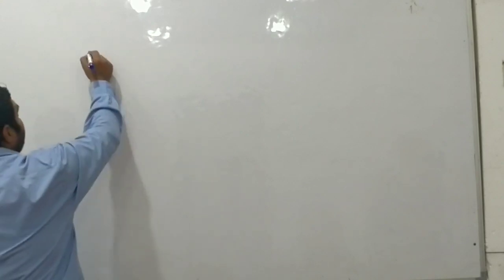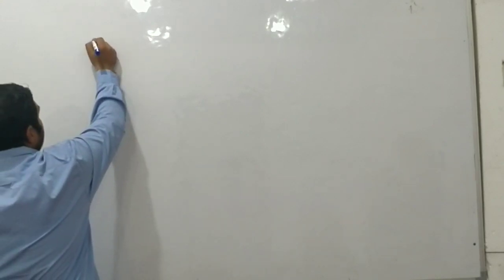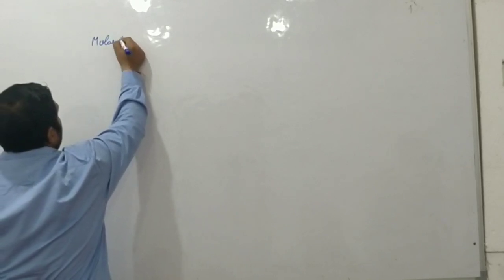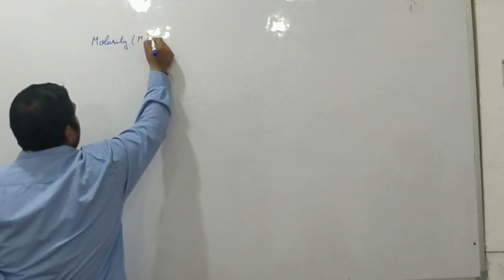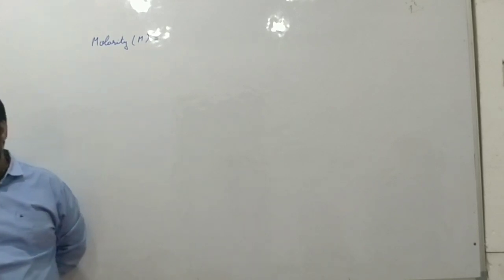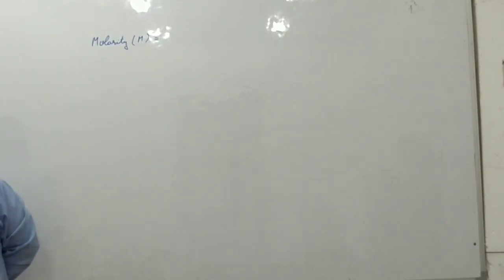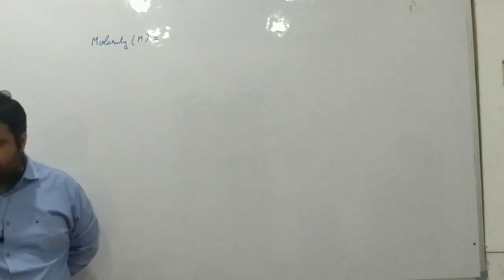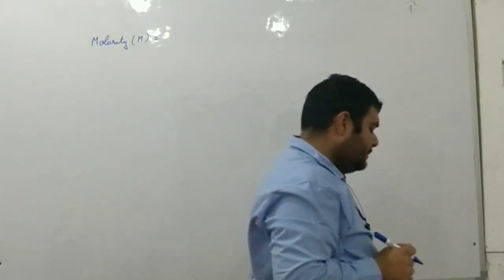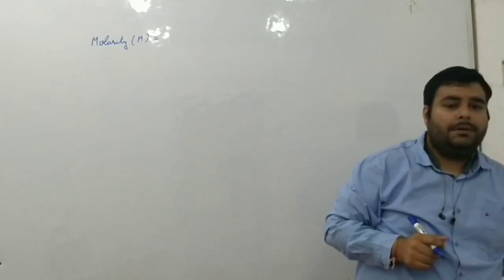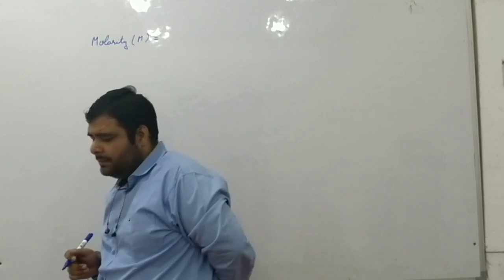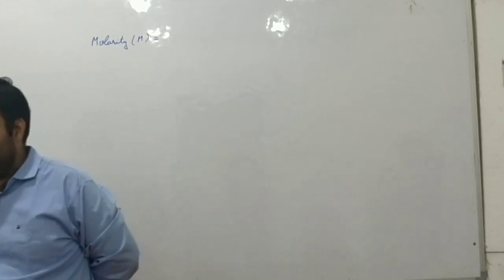So now we are starting with the next term, that is molarity. Its symbol is capital M. Now what is molarity? It is defined as the number of moles of solute present per liter of solution.